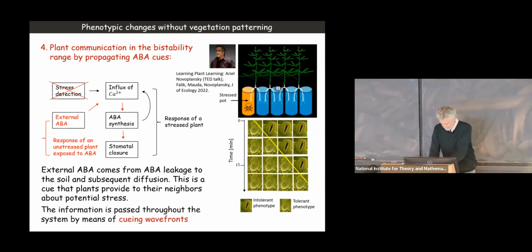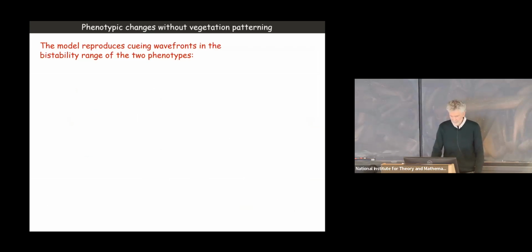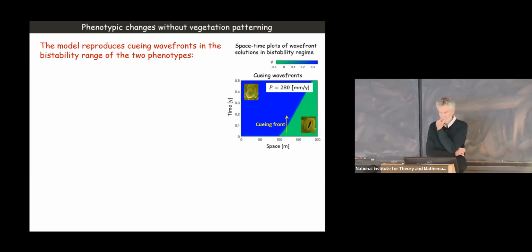So this explains this wavefront, or queuing wavefront, that has been observed. And now we want to see whether the model reproduces those queuing wavefronts and what else we can learn from it. So indeed it reproduces.